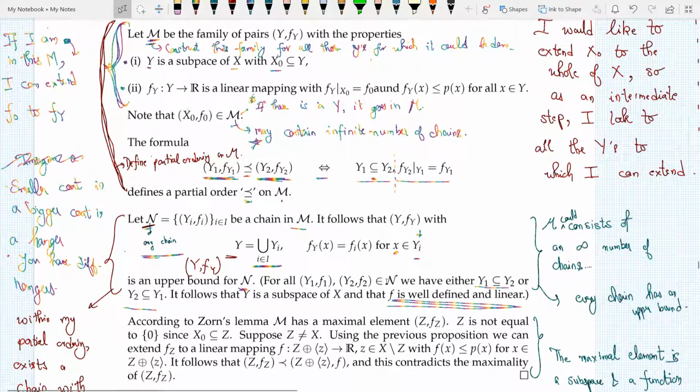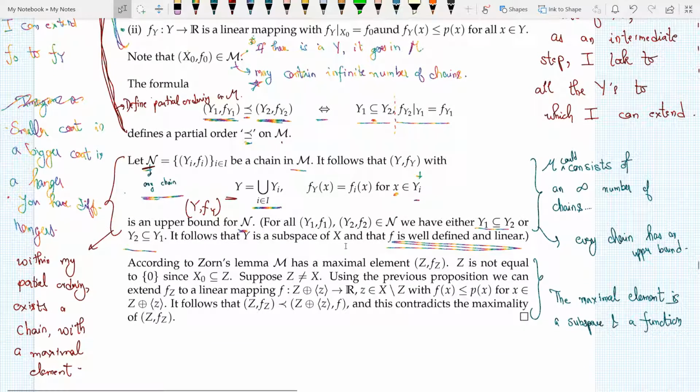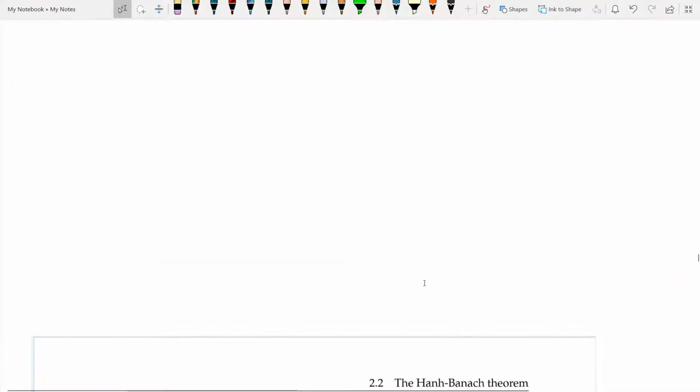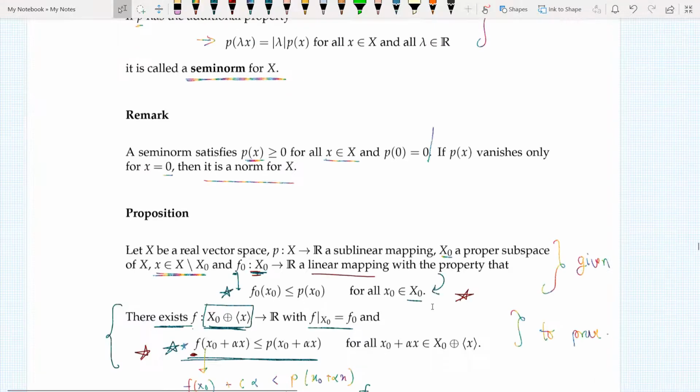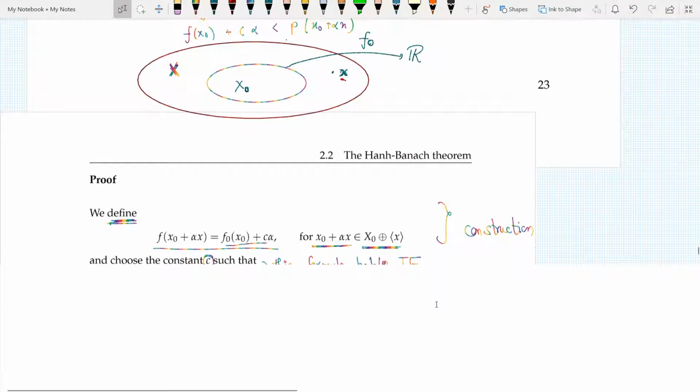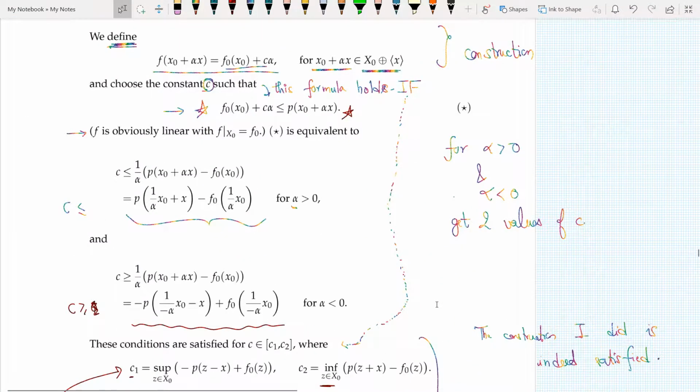And now we show by contradiction that suppose Z is not equal to all of X, then using the previous proposition that we studied in the road to Hahn-Banach, it's very important for you to go back and understand that last proposition, because that helps us with the last part of the proof.